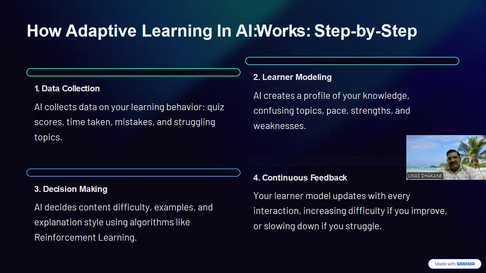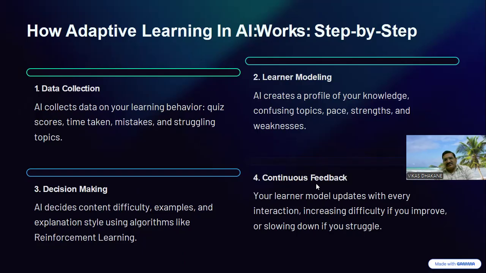So in the previous question set, if you have struggled too much, then in the decision making, the AI system can give you more explanation about that particular topic. It can give you more examples so that your performance will be improved.